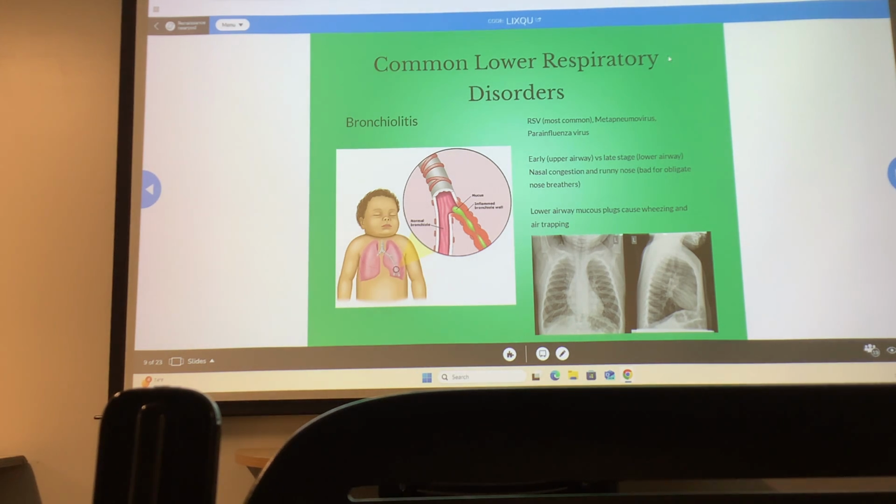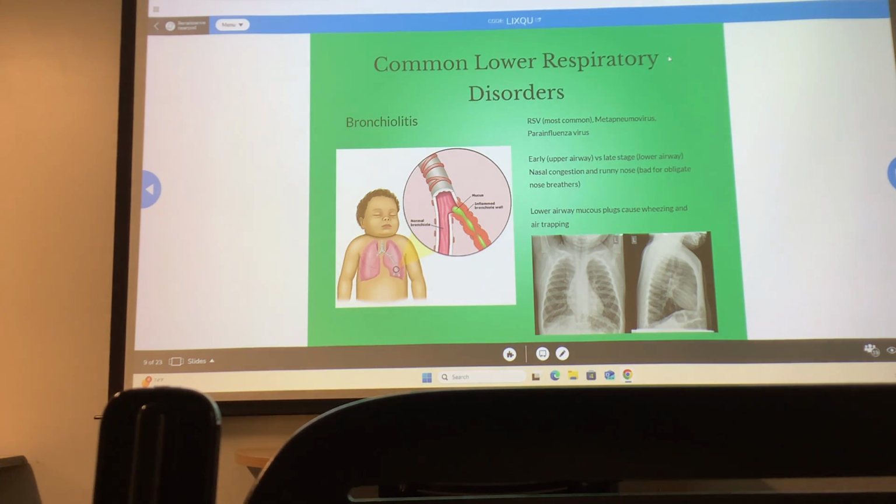When we have a kiddo who comes in and they've got upper respiratory congestion, lots of mucus, a cough, what are we going to do? How are we going to test for what they have? We're going to do a nasal swab, right? That nasal swab tests for the top 15 to 20 most common viruses that cause this disorder, right?